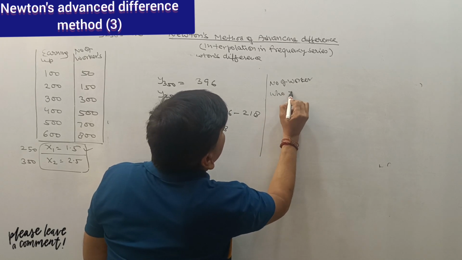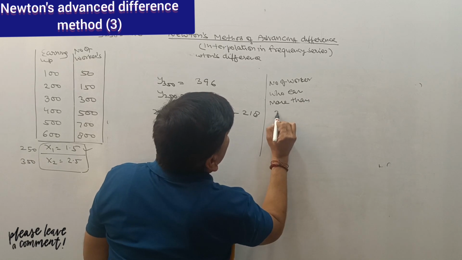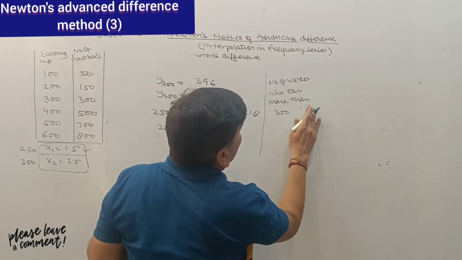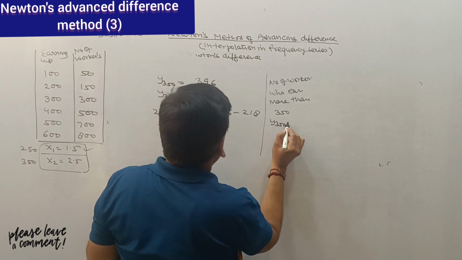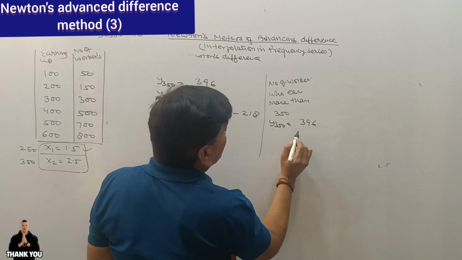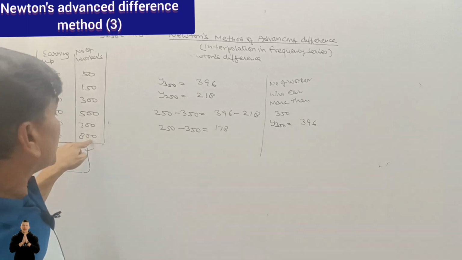who earn more than 350. So y350 is 396. Okay, and up to 600 is 800.